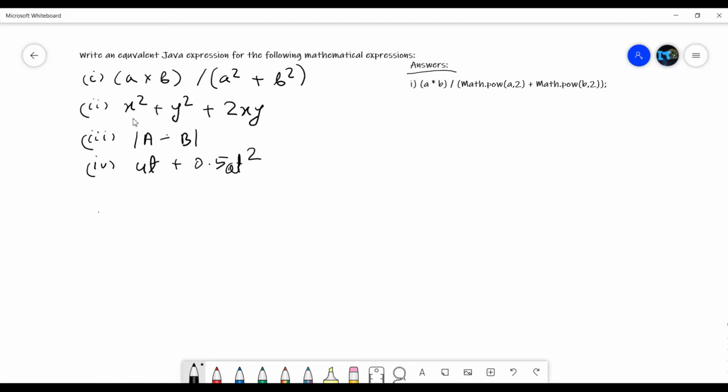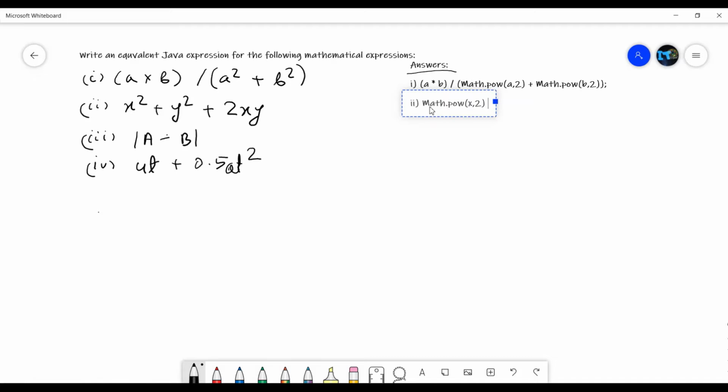Let's go to the next one, x square plus y square plus 2xy. How to write this mathematical expression as a Java expression? Here is my second question's answer. For x square, first I use the power function, Math.pow, then x comma 2, which represents x square.